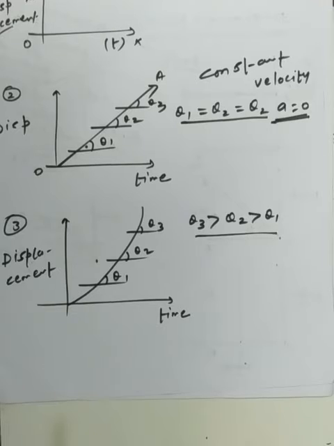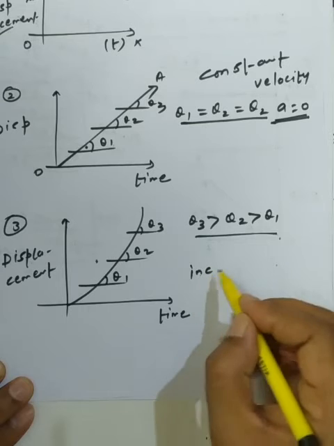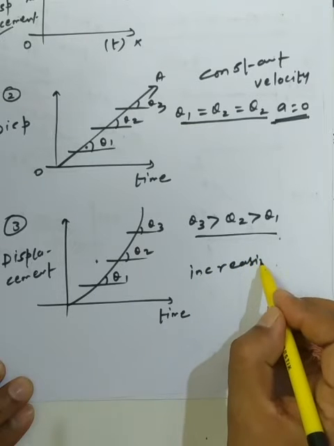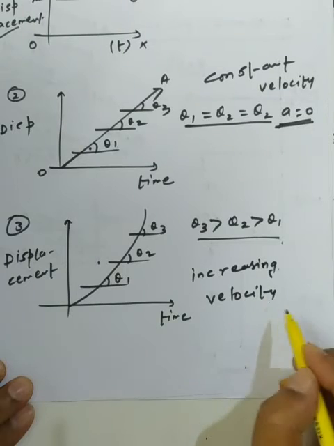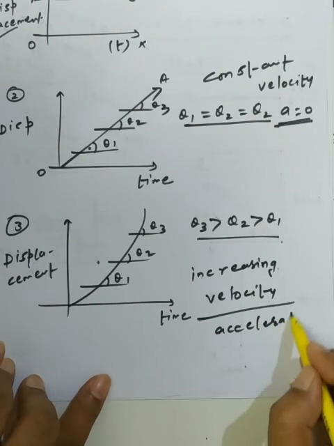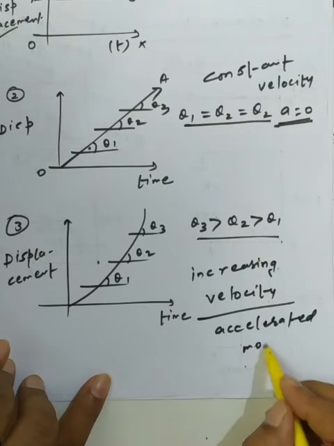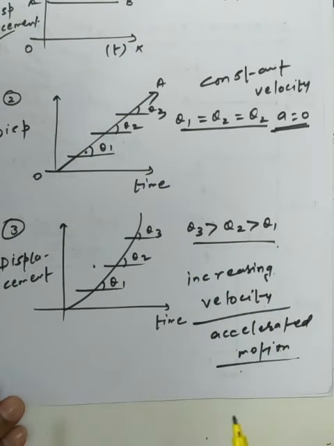So we can say that the displacement time graph for an object with increasing velocity represents accelerated motion, but in a non-uniform manner. Okay, so this is the kind of graph we have.